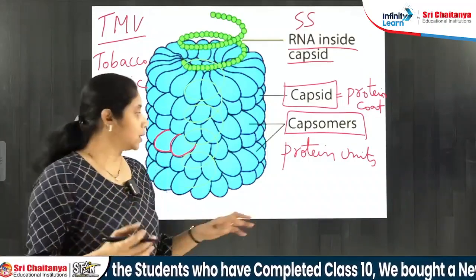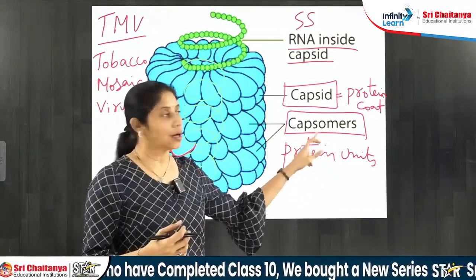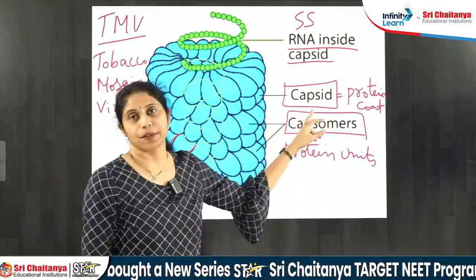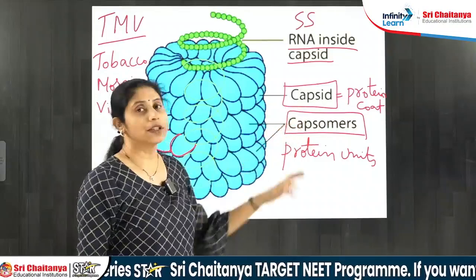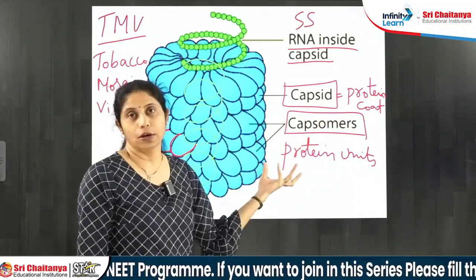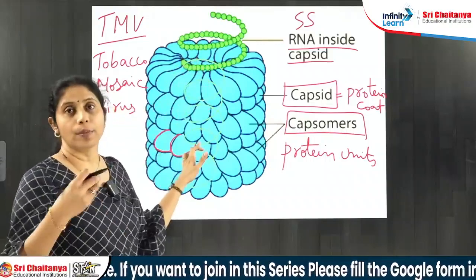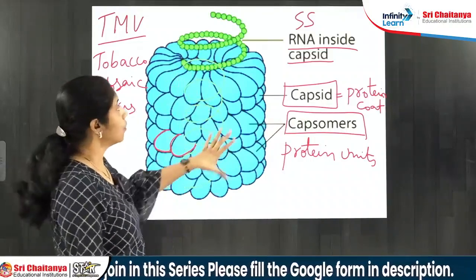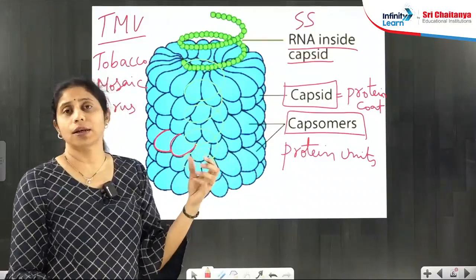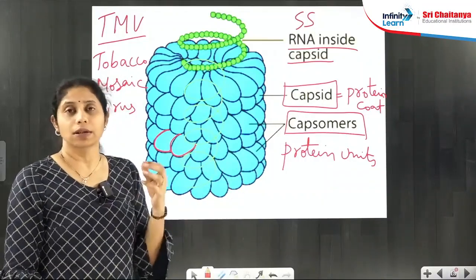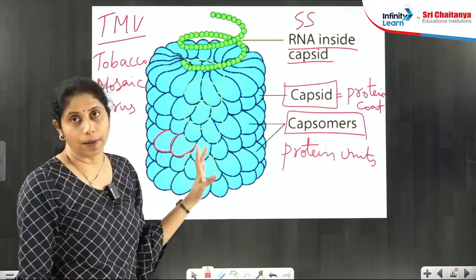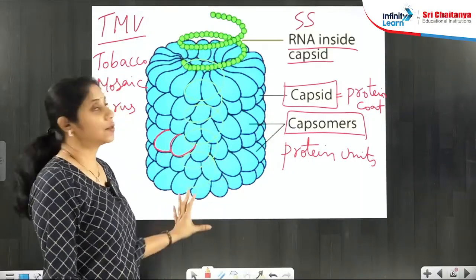Those protein units are called capsomeres, and the total protein cover is called the capsid. So the capsid is made up of capsomeres. In TMV, we have single stranded RNA. As mentioned in NCERT, most plant viruses have single stranded RNA as genetic material. This is the structure of TMV.